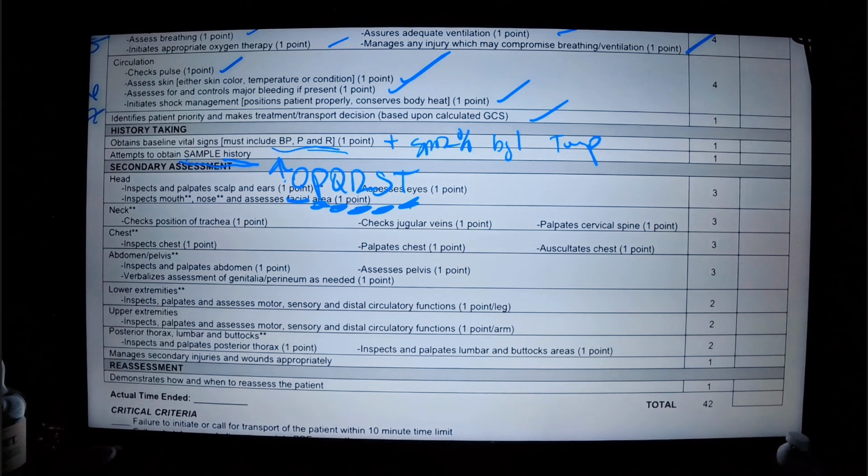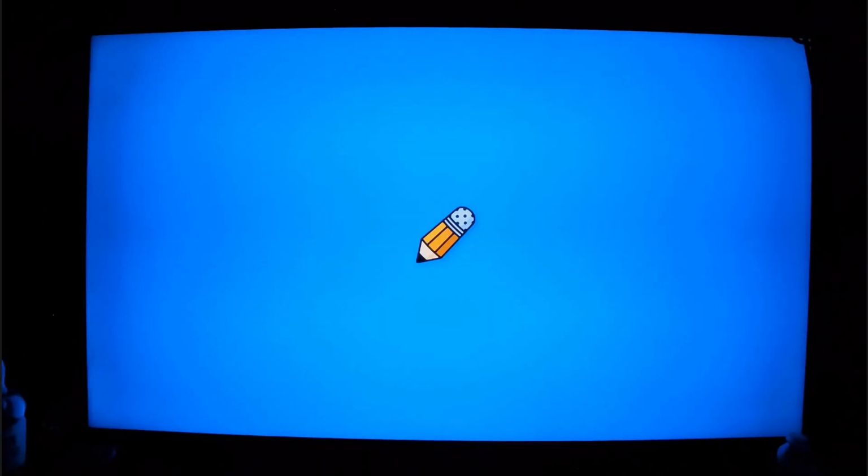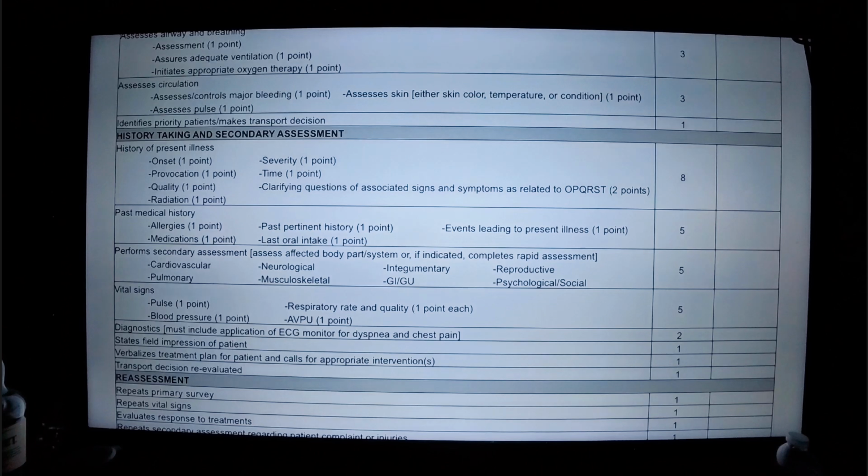All right? And this is where the medical, as you can see right here, OPQRST. So that's the difference between the trauma and medical.